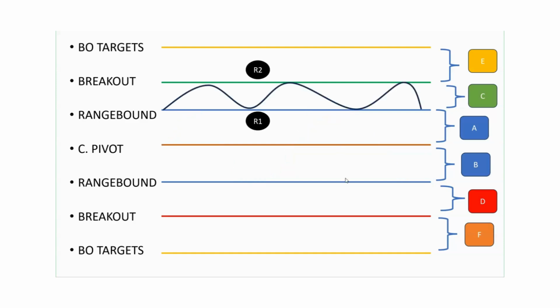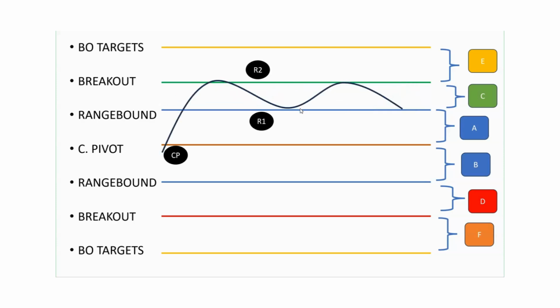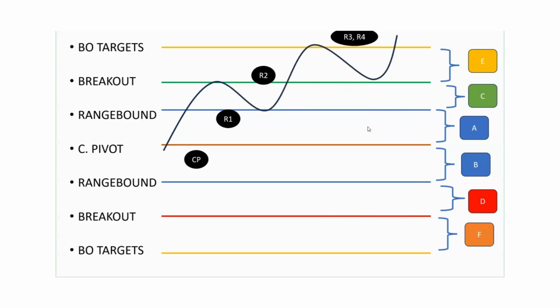Another type of movement can be there in which the price moves between the R1 and R2. The entire day you will see that it kept on moving between R1 and R2, and it does not go out of that. Another type of price movement is that, suppose the price opens below the pivot point, then it moves above the pivot point, crosses the R1, and then it gets confined between R1 and R2.